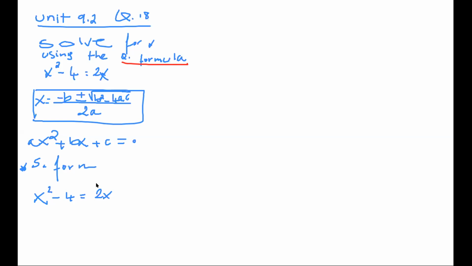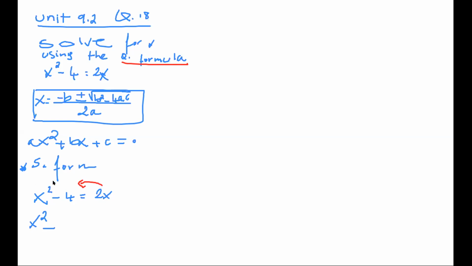So you move the 2x to the left, right? Exactly. You got to move this over. It's like here we should have nothing here but 0, and all the terms should be on the other side. So it's going to be x to the second minus 4. Or before that, let me move the 2x over next to the x.